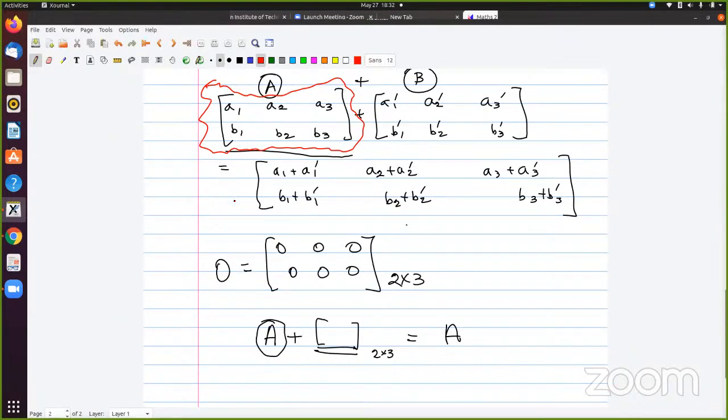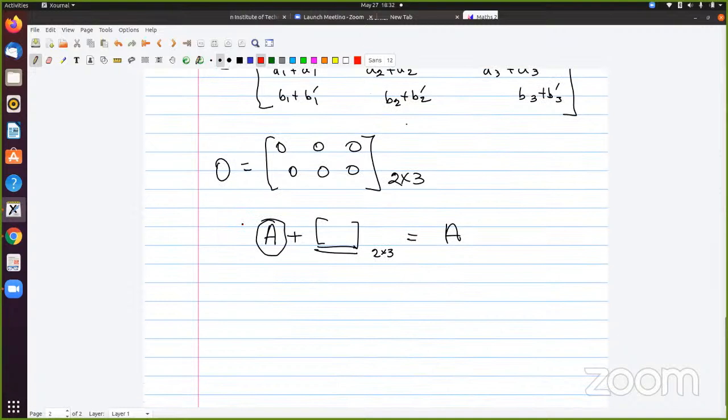Just take any natural number. 5 plus 0 will be 5, so 0 exists. For any natural number, you are getting back the natural number. But inverse of 5, minus 5, is not a natural number. Minus 5 does not belong to it. Now I got it.